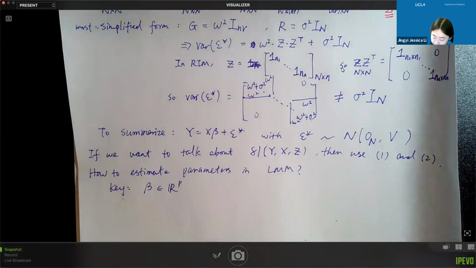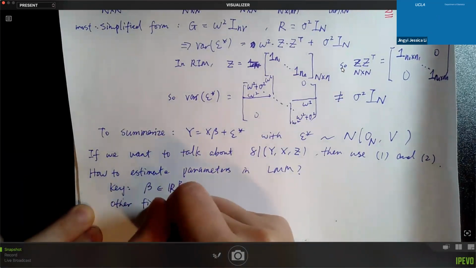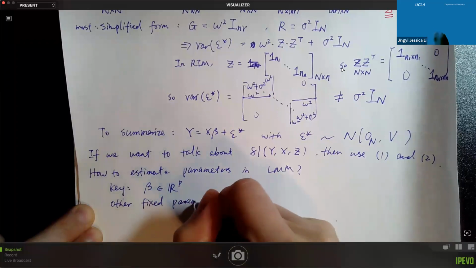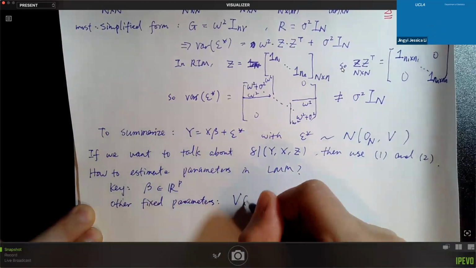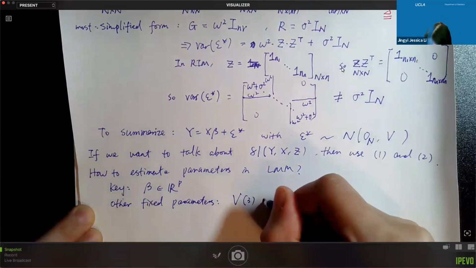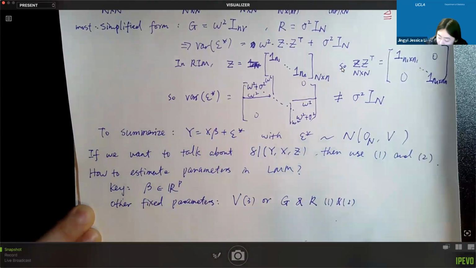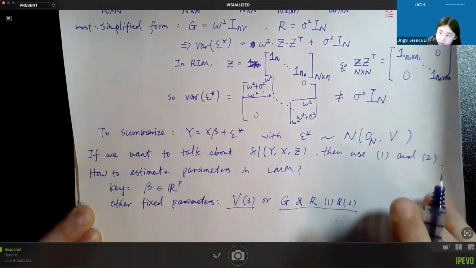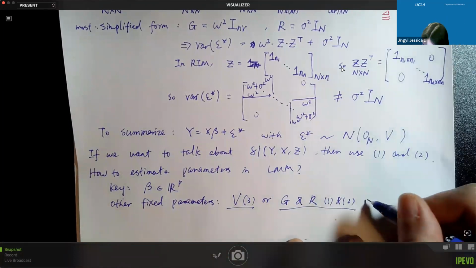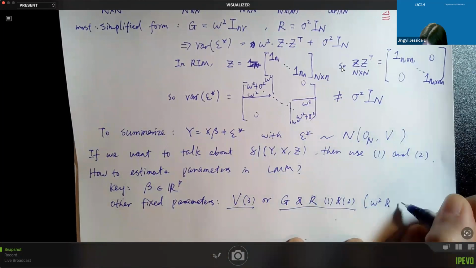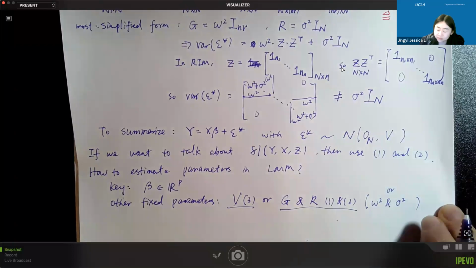So other fixed parameters: it could be V if we're under model 3, or G and R if we're under model 1 and model 2. So it could be those two covariance matrices, or if we use the simplified version, not G and R, we can just reduce it to omega squared and sigma squared, right? So these are the fixed parameters we must estimate.